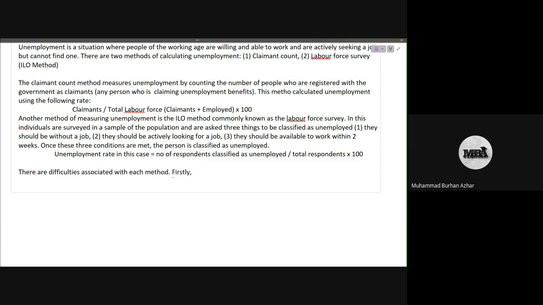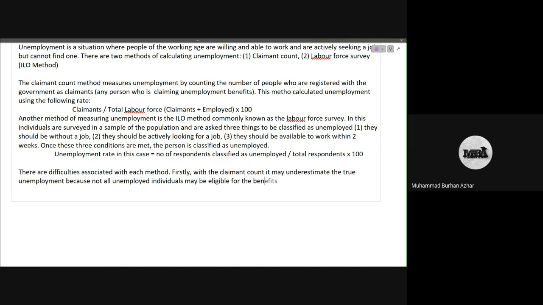Firstly, with the claimant count, it may underestimate the true unemployment because not all unemployed individuals may be eligible for the benefits, such as new graduates or people in the informal economy.